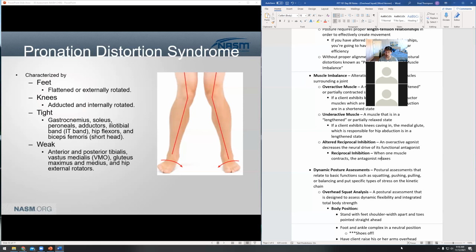That's where we use reciprocal inhibition. We do that in what we call active isolated stretches. So for instance, let's say I'm trying to stretch out my hamstrings. I think it's the best example, right? If I'm trying to stretch out my hamstring and I want to get this down here to loosen up, I'm going to contract the antagonist, which is my glute. So I'm just going to take my hand back here and hopefully maintain my balance.